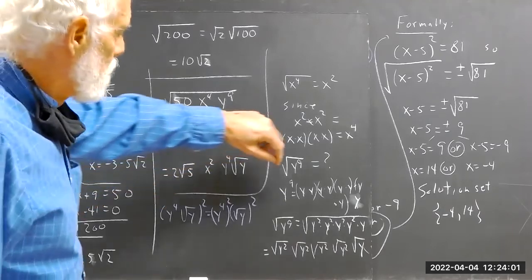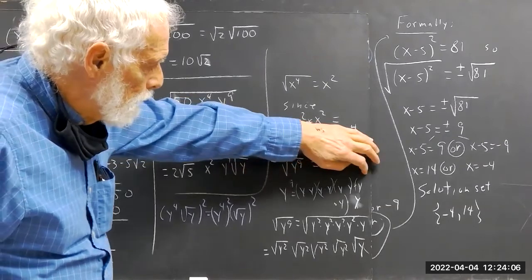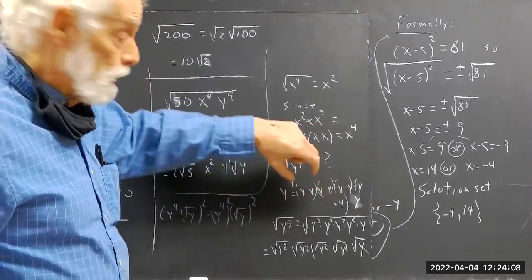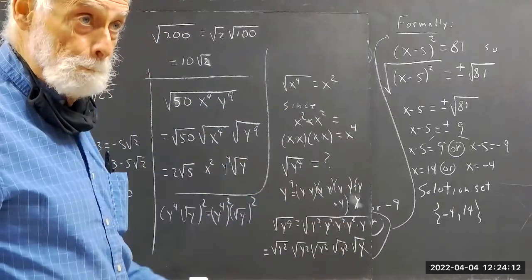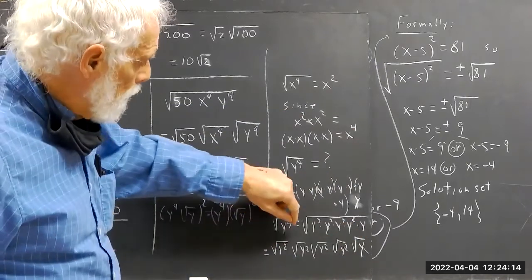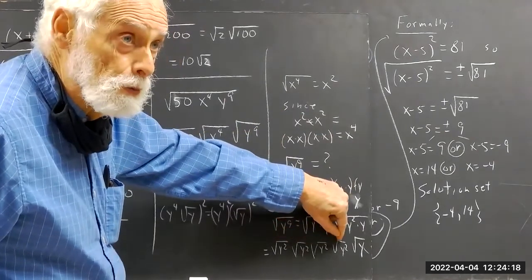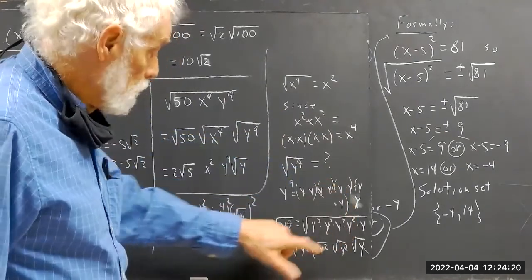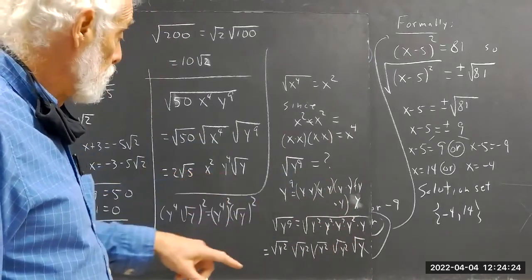Okay, again, we inescapably see that y to the ninth is this product. It can be grouped like this, which means we've got 4 y squareds and a y. No argument with that. And then the square root distributes essentially. So we get a bunch of square roots of y squared, and a leftover square root of y. So it has to be y to the 4th square root of y.